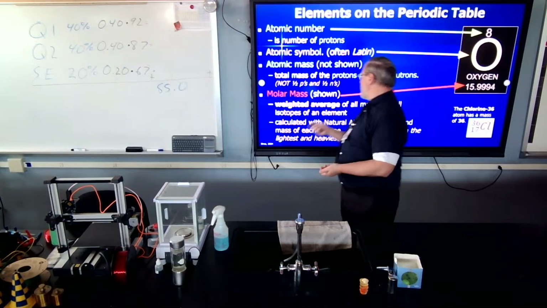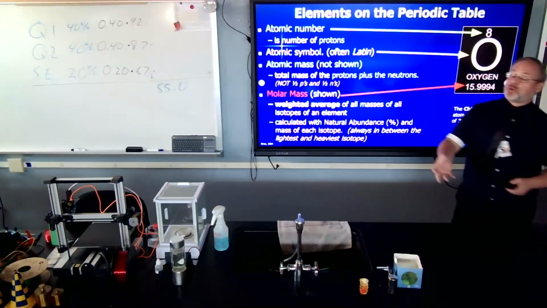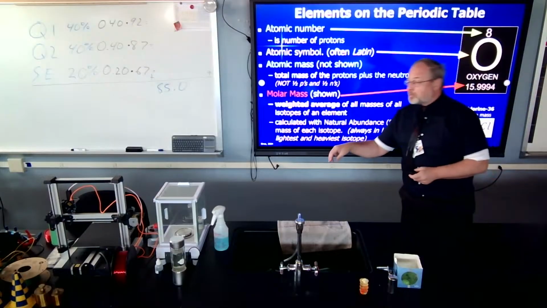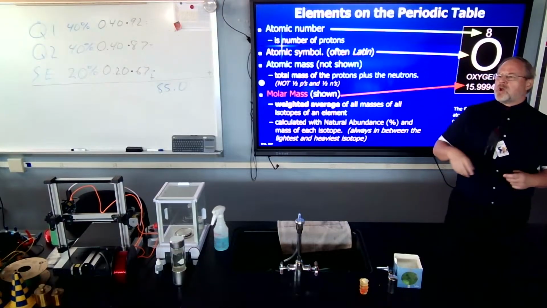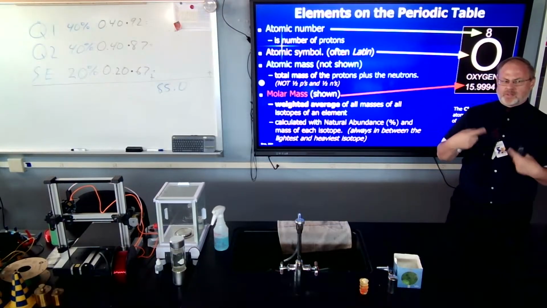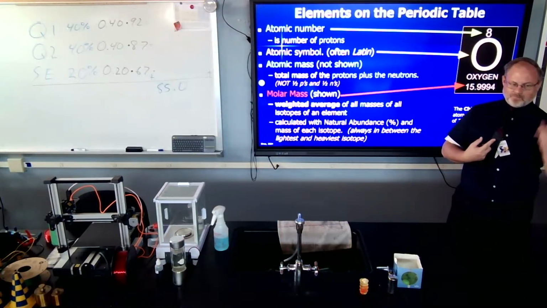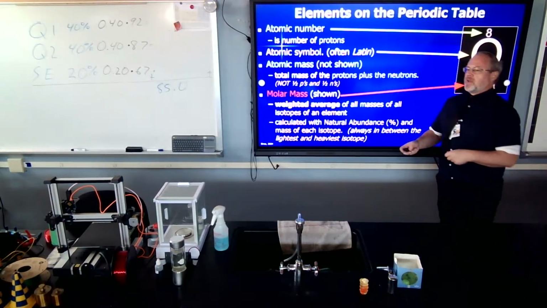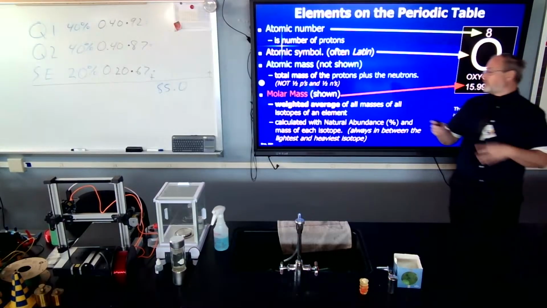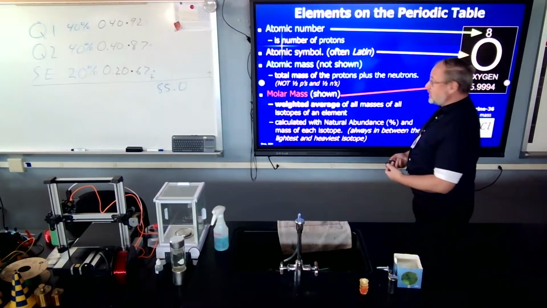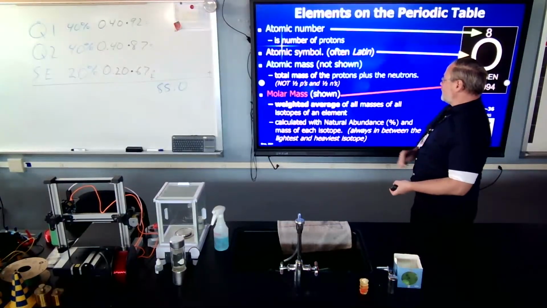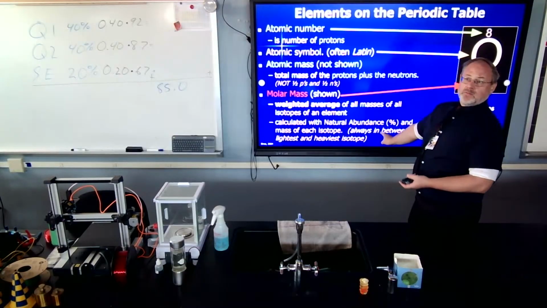Why do the natural abundances, like this isotope is 30%, this isotope is 6%, this isotope is 48%, have to be constantly updated? Because nuclear decay is always happening. Exactly. Because nuclear decay is always happening, the percentages of various isotopes are constantly changing. So if you want job security, that's what you want to investigate.